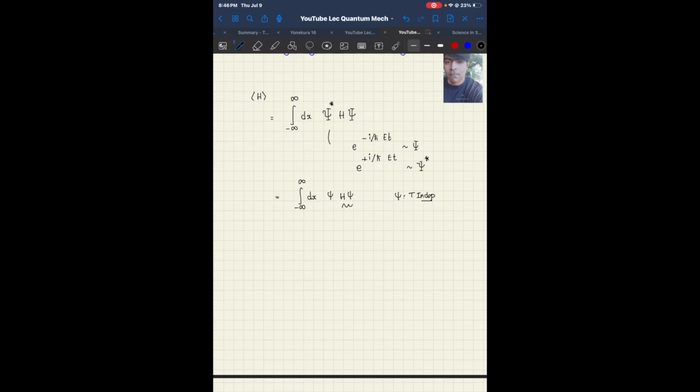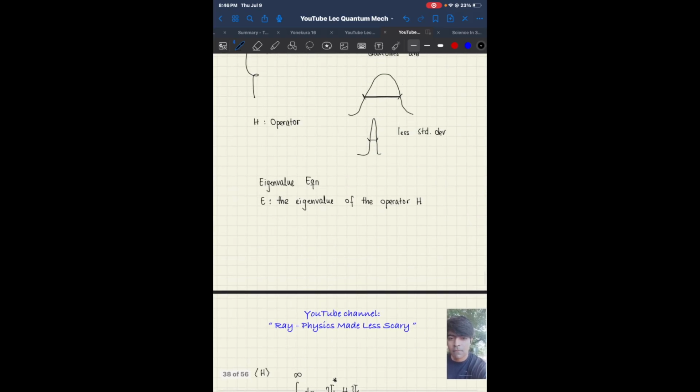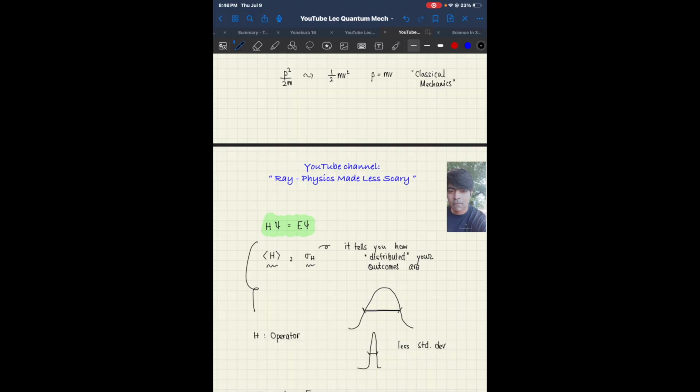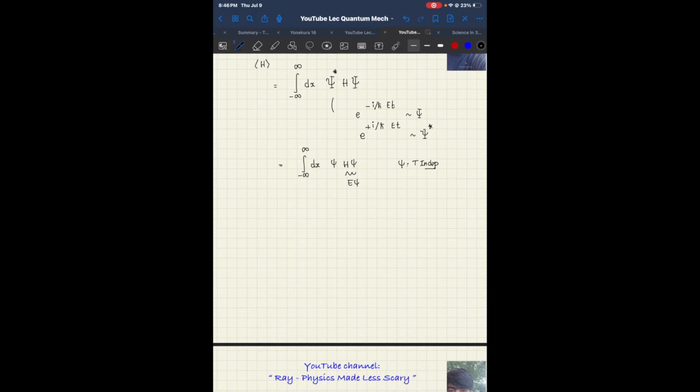But I know that H psi is actually E psi from this equation here. So this gives me E times the integral dx mod psi square. But this is normalized to 1. So this gives me E.